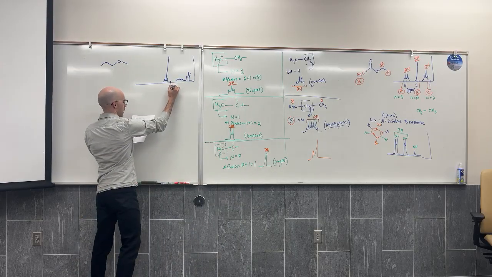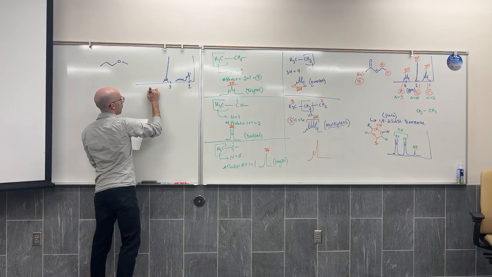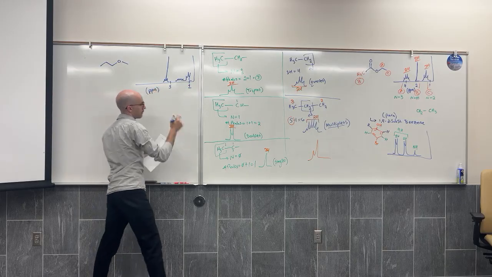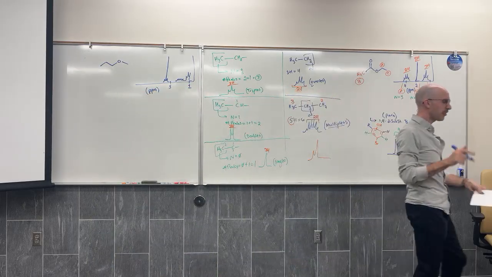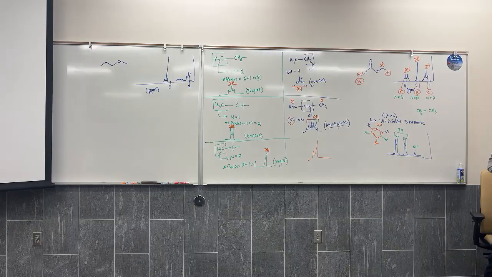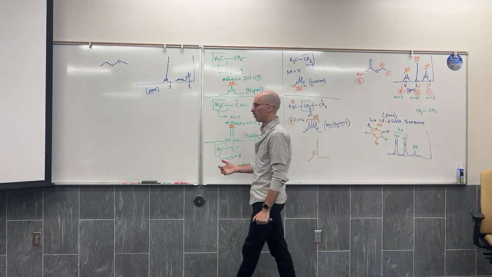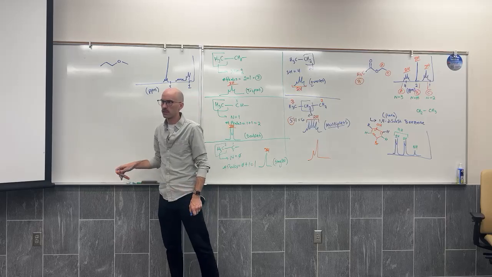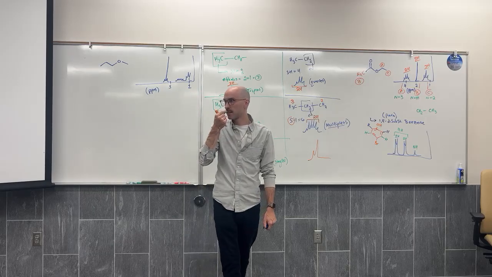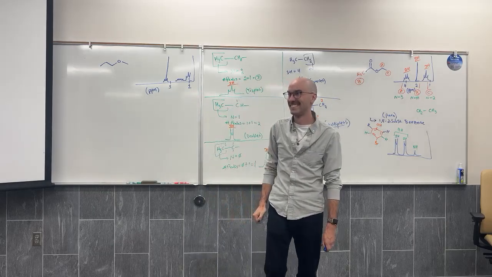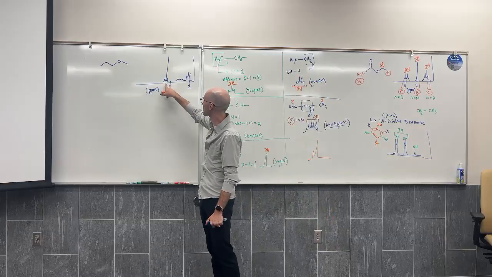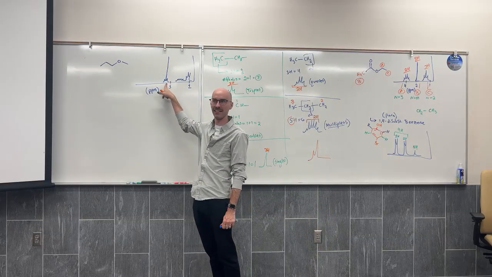Here's 3, and here's 1. What's the first thing that you're looking for? When you look at that molecule and you look at its spectrum, where does your mind go first? I think, is that a singlet right there? Is that a singlet or is it a really weird triplet?